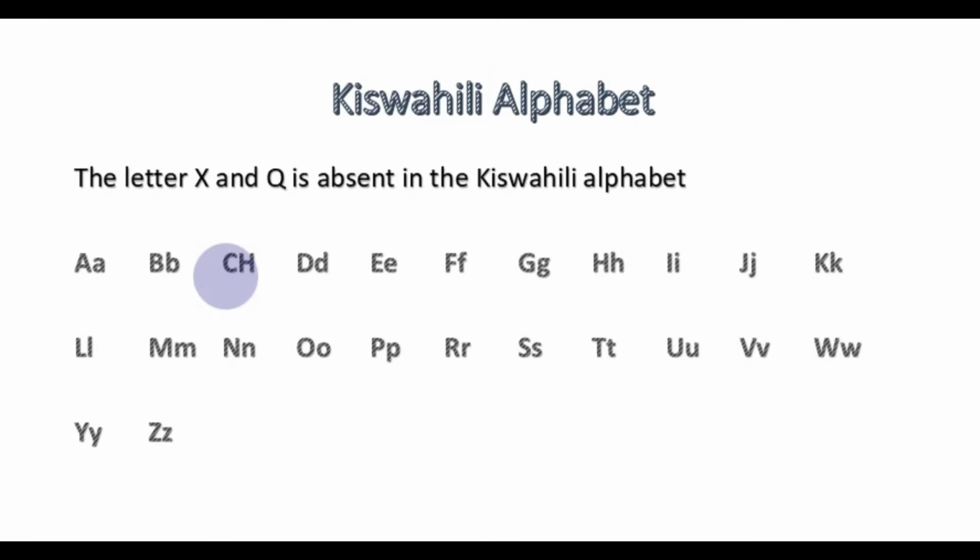And then C. C now is a special case. It's an exception. We cannot pronounce C alone, but C is combined with H and a vowel to form a syllable. So CH and A, this syllable is pronounced as cha.